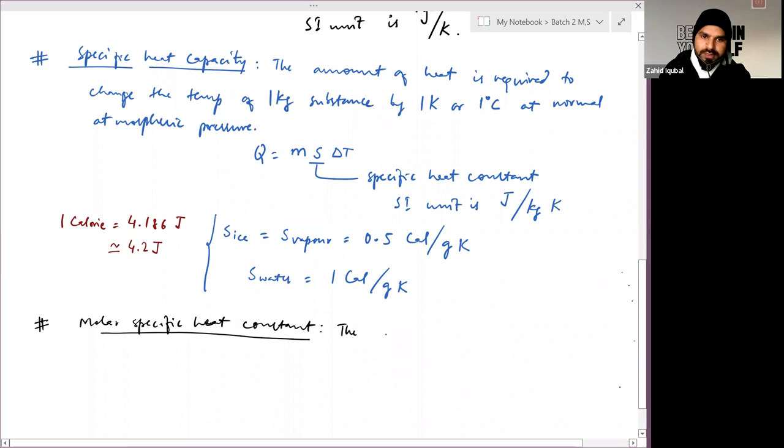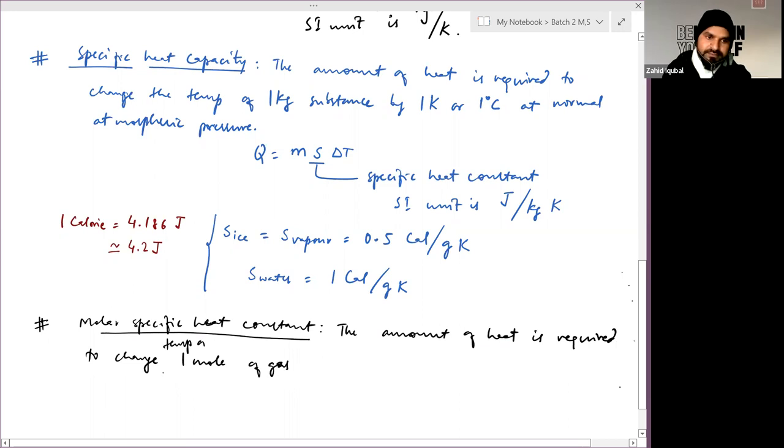So it is the amount of heat required to change the temperature of 1 mole of gas by 1 Kelvin or 1 degree centigrade at given condition.